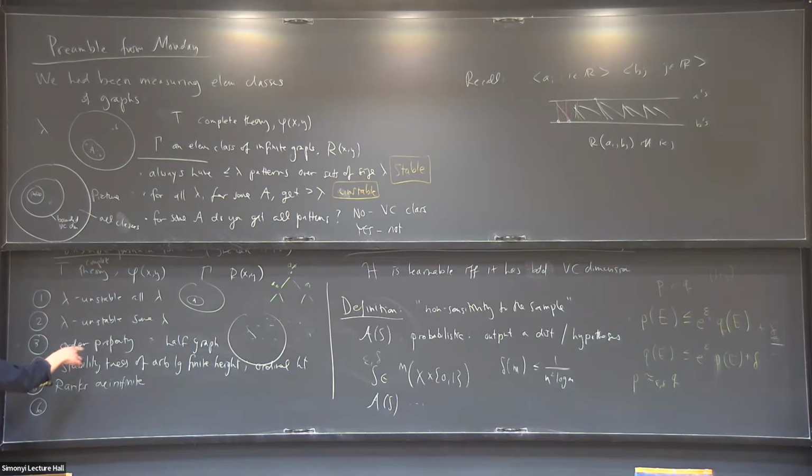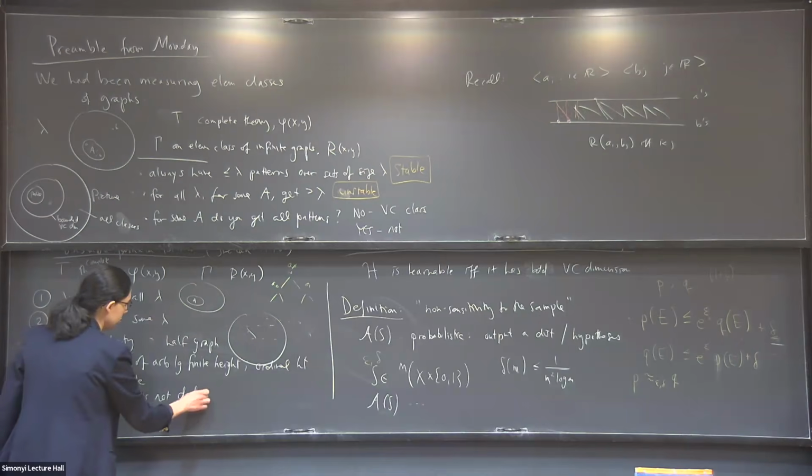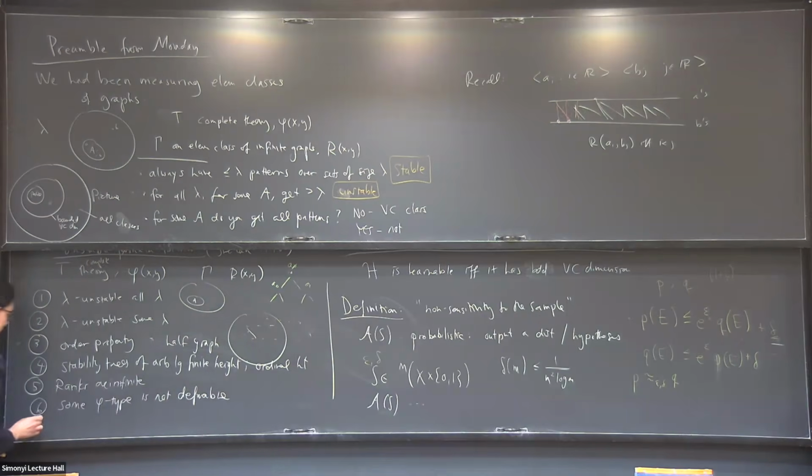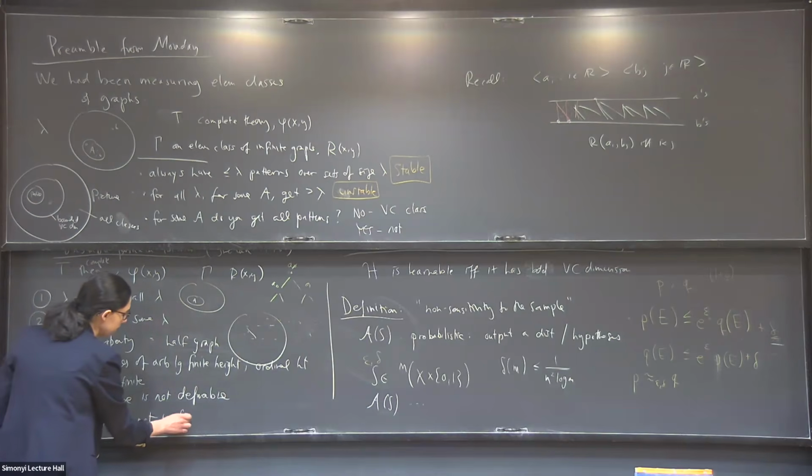So unstable, large half graphs, large stability trees. Some phi type is not definable, and some phi types are not uniformly definable.